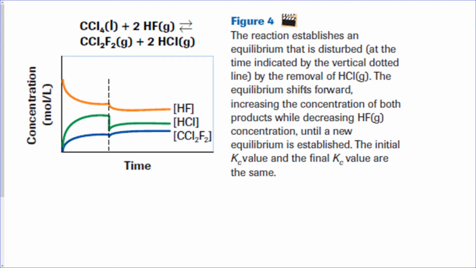It's like you're taking something out, creating a hole, and it wants to fill that hole. So you will have an increase in your desired product, Freon 12, CCl2F2. That's going to occur by reacting more of your hydrogen fluoride.